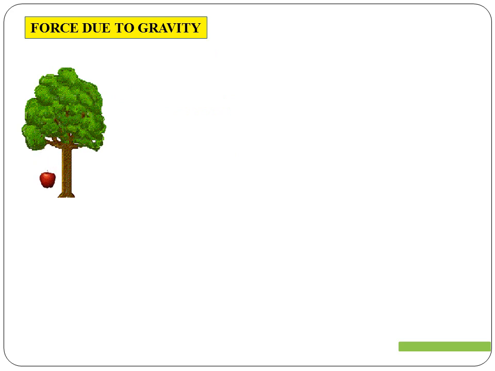According to the law of gravitation, the earth attracts each object around it towards its center, and the force with which the earth attracts a body is known as force due to gravity on the body. This force acts vertically downwards.